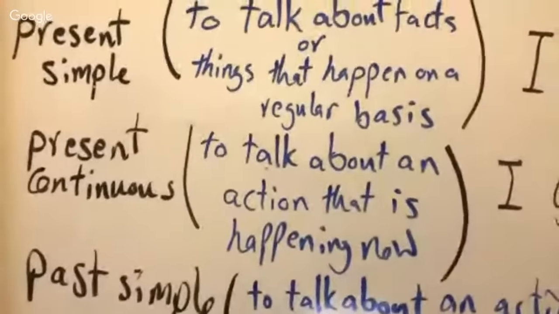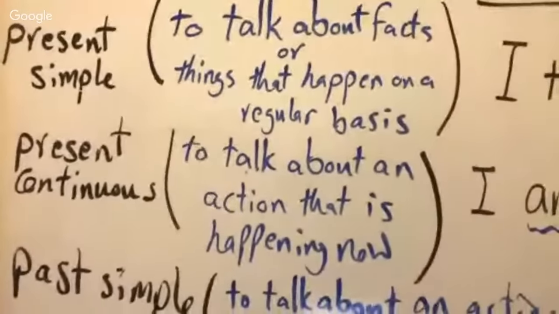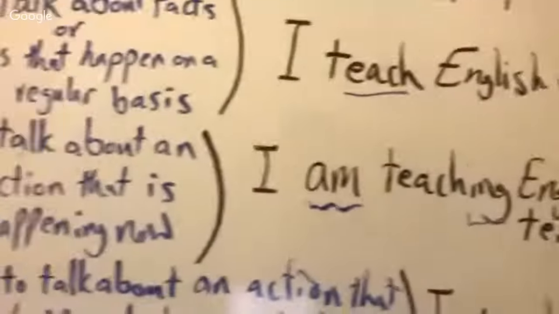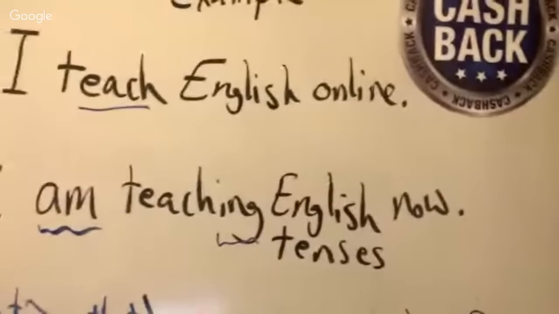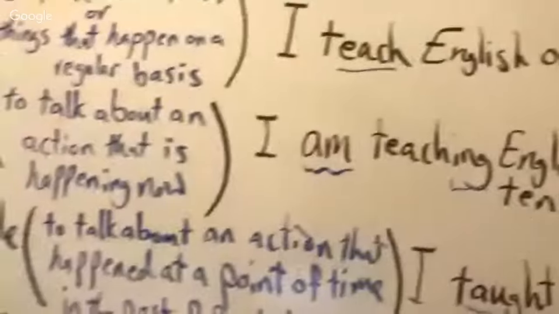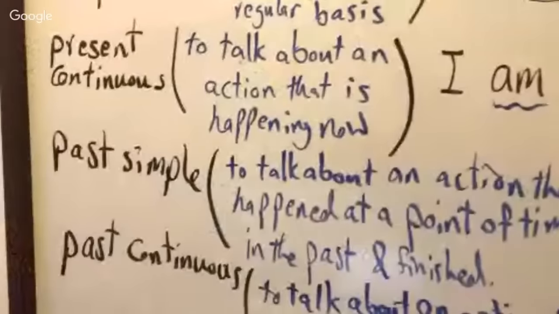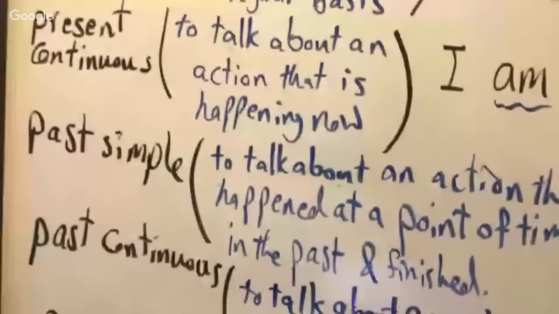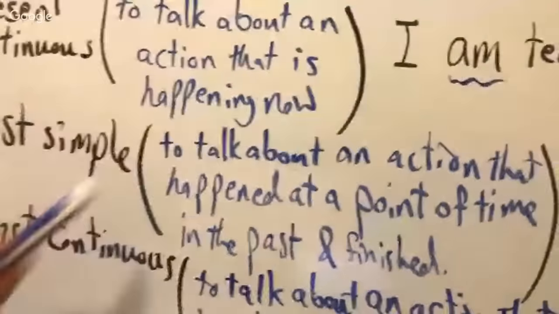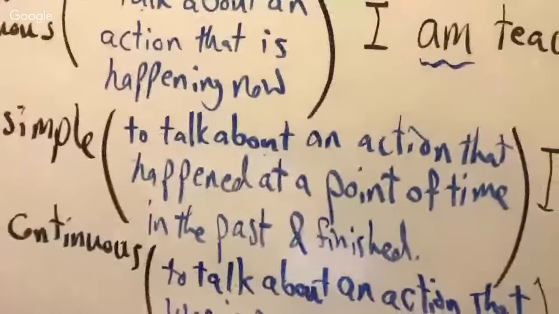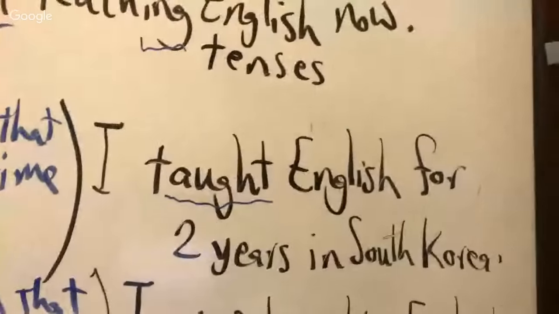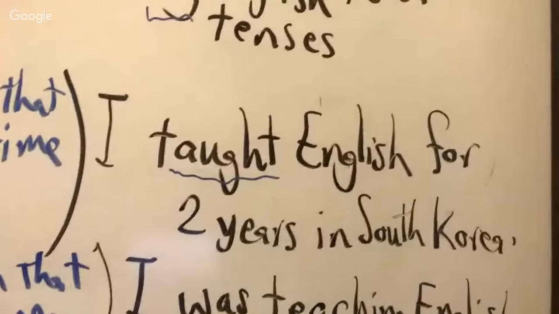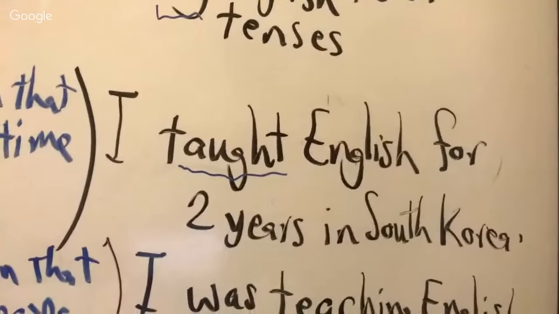Example, I am teaching English now, or I am teaching tenses now. And tense number 3, past simple. We use it to talk about an action that happened at a point of time in the past and finished. Example is, I taught English for 2 years in South Korea.